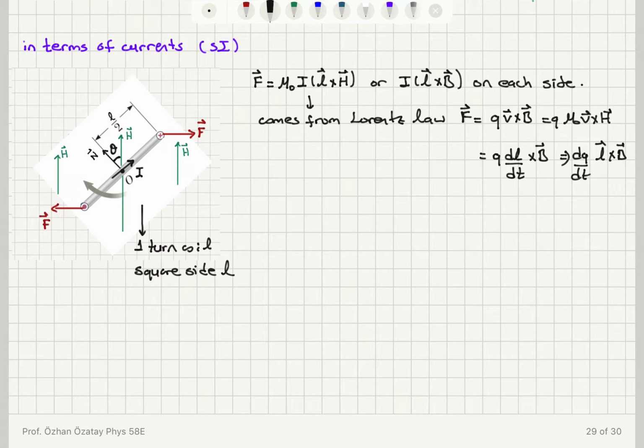And we can see that the force that we're applying to this will cause a moment. So let's talk about the moment acting on the coil.